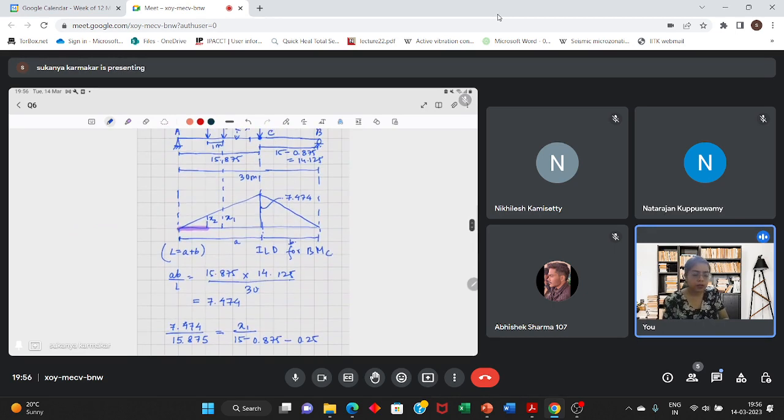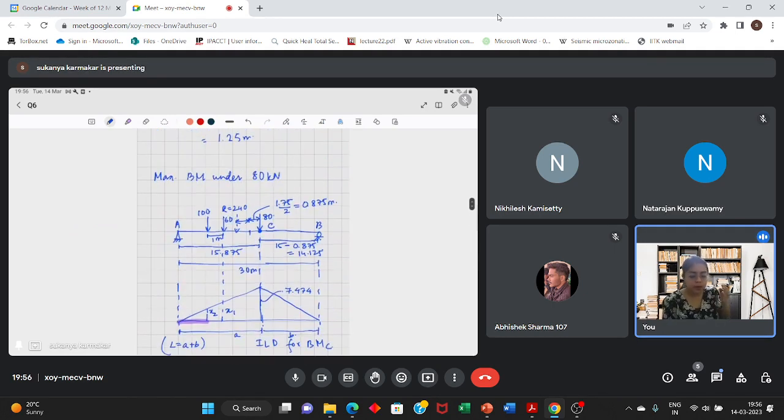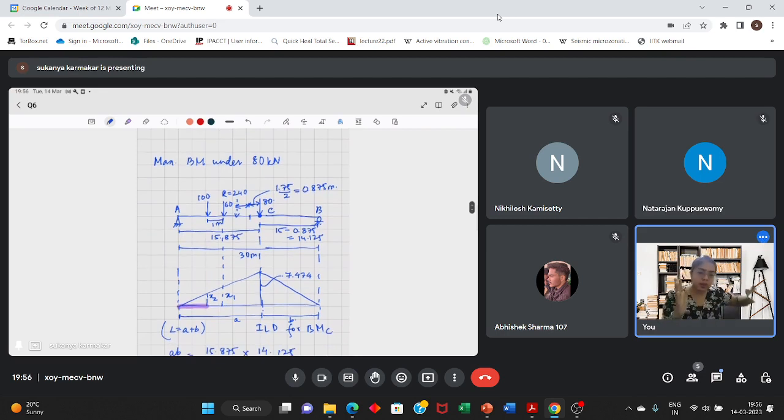It's like maximum bending moment with this position of the load, and the point of concern is below 80 kilonewton. This is what I mean by telling maximum bending moment under 80 kilonewton load. So maximum bending moment with this configuration when it is placed in this manner and the point of concern is below 80 kilonewton.